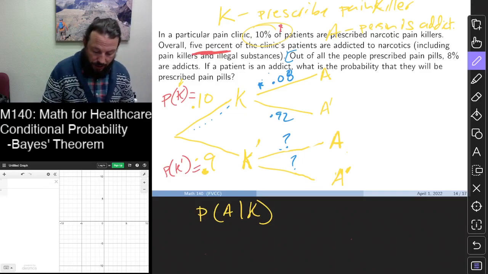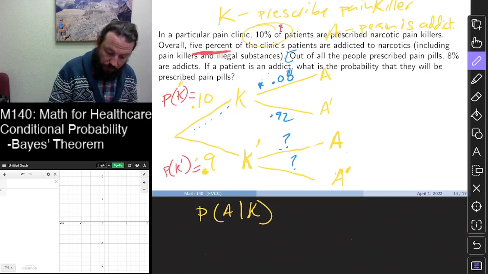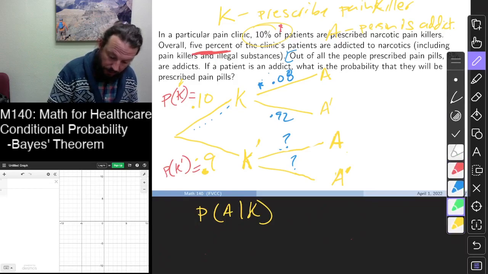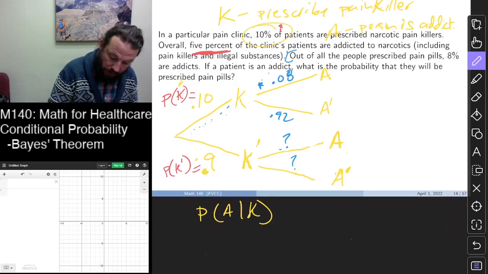On this branch here, we know we were prescribed painkillers. So we're standing here, out of all the people that are over in K, prescribed painkillers, 8% of those are addicts.